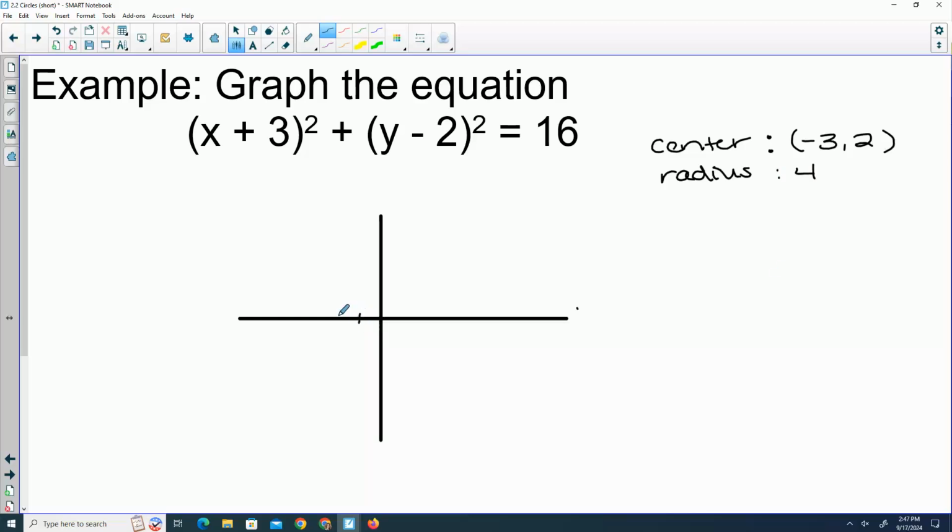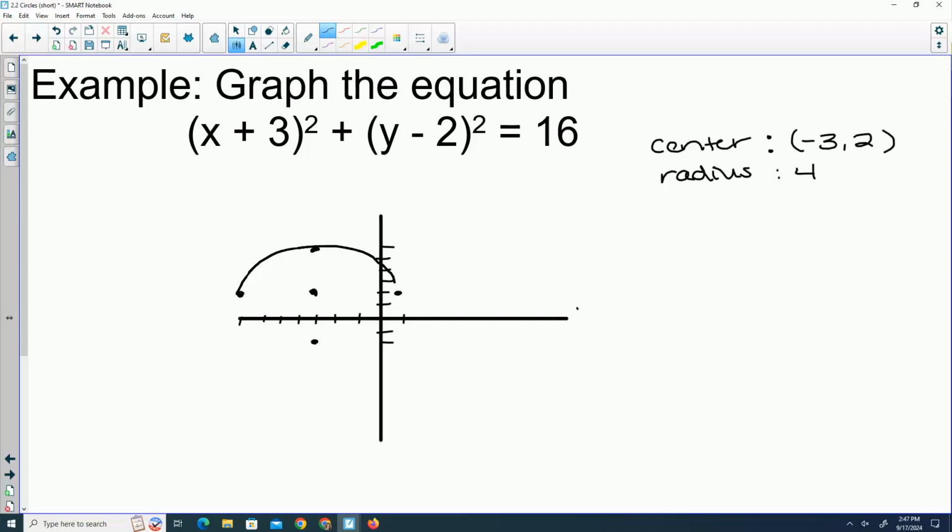So you put a dot at (-3, 2). There's my center. So a circle is everything that is 4 units from that point. So if I think 4 above, 4 below, 4 left, and right.